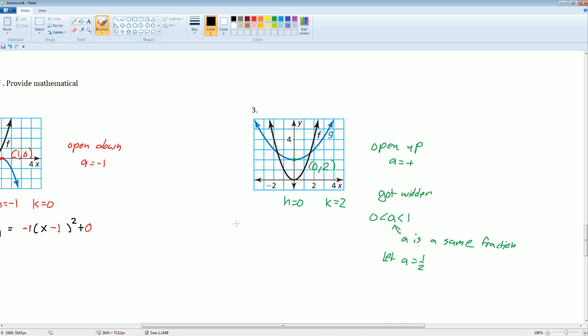We have g of x equal to a times x minus h squared plus k. We know that a here was equal to 1 because it stays up, so we can just write positive 1 here. And we know that the h here is going to be 0, so plus 0, and the k here is going to be 2.